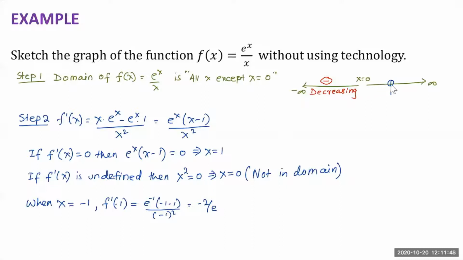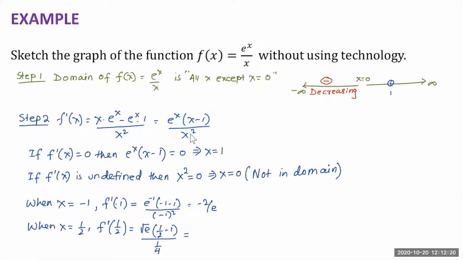What is going on in this interval? From 0 up to 1, you can plug in any number. I'm going to take half. When x is equal to half, the first derivative at half is e to the half, that is square root of e, multiplied by (half minus 1), divided by half squared, which is 1/4.